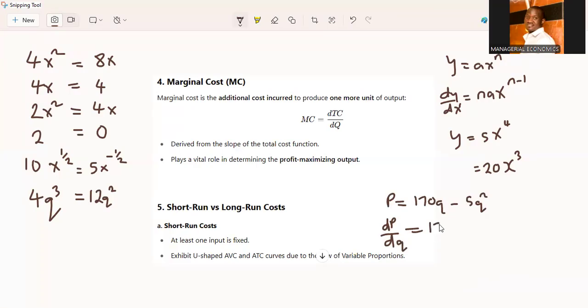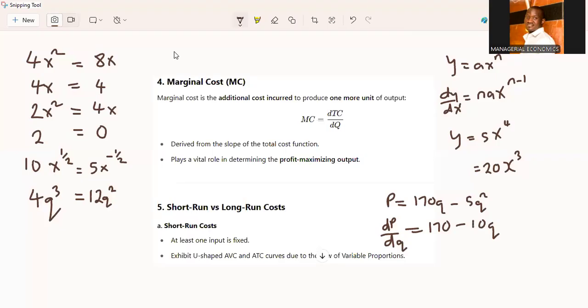It is simply 170. Any number with just a letter is just that number. 10Q, 10. 100Q, 100. 170Q is 170. Then what is 5Q squared? It is 10Q.